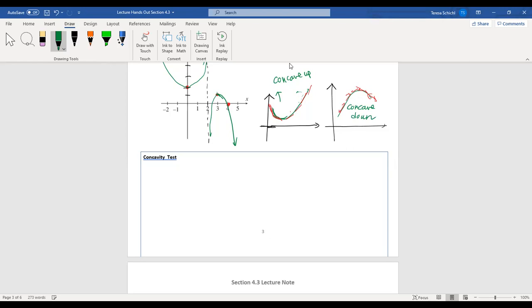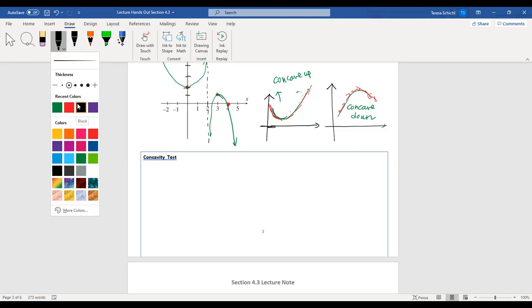The concavity test is just like the increasing and decreasing tests. Let's try to write it. What is a concavity test?